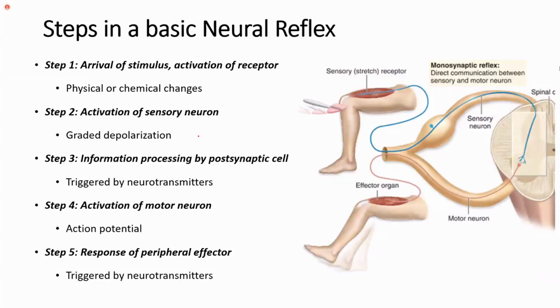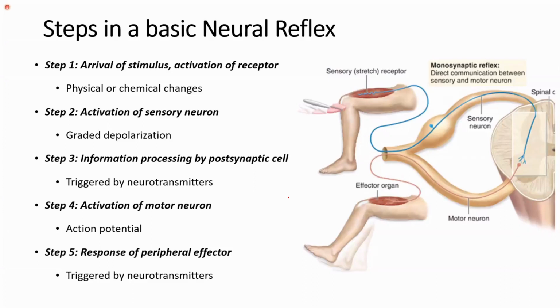The steps in a basic neural reflex: as we said, there has to be a stimulus. The stimulus would activate the sensory receptors within the muscles. Anyone know what the sensory receptors in our muscles are from yesterday's lecture? Type 1A and type 2.